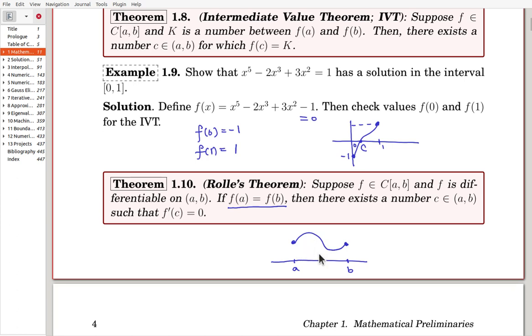Then for this case, we can easily see that there are 2 points right now such that at the point the slope is 0. So this can be C and that can be another C. Existence means that at least one such point exists, so for this case there is more than one. So we can say just the existence.